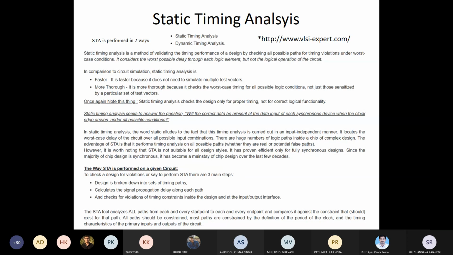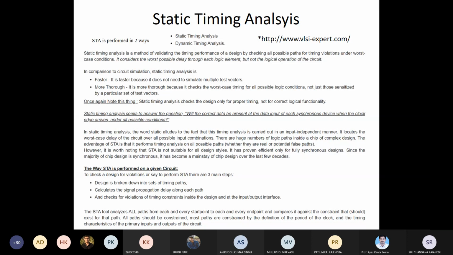You have to verify that when the data is traveling, it matches the setup time and hold time requirements of each flip-flop. At the same time, the timing constraints are also related to your design, because when you are designing any system, you have to verify that when your data travels from flip-flop 1 to flip-flop 2, it should reach at a particular time. If that time is met, then you don't have any violations and it will pass the static timing analysis.